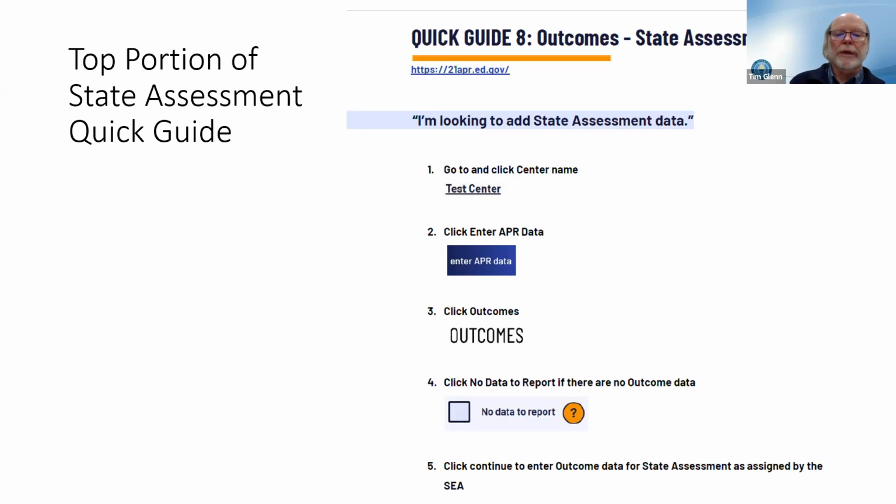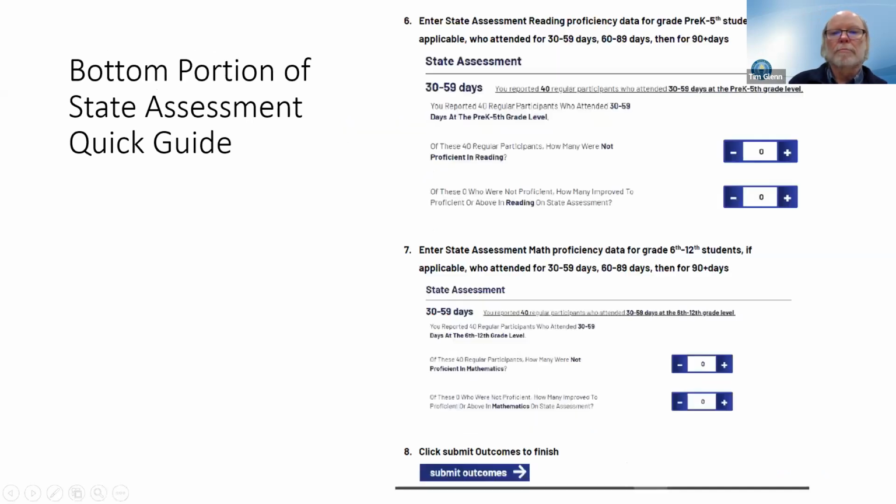So this is just a quick guide for the outcomes. I just wanted to show here real quick. Again, here is our 30 to 59 days, and how many kids do we have? Now we will know before you start entering data what the new requirements are for 21 APR.